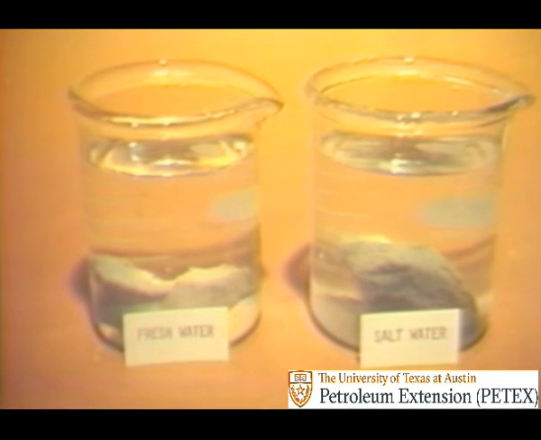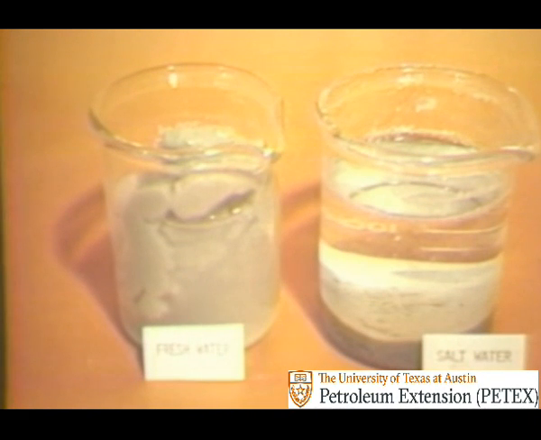Another fact is that sodium clay, or bentonite, reacts differently when put in fresh water and in salt water. After 72 hours, the piece of bentonite in the fresh water hydrates and swells as expected, but the piece in the salt water hasn't hydrated very much. Mud engineers call this inhibition.